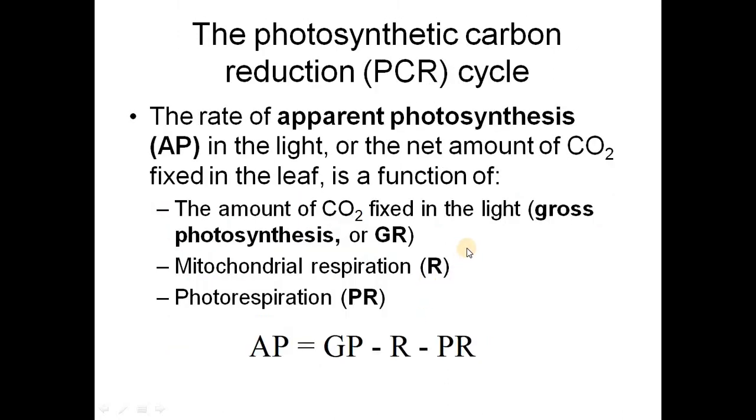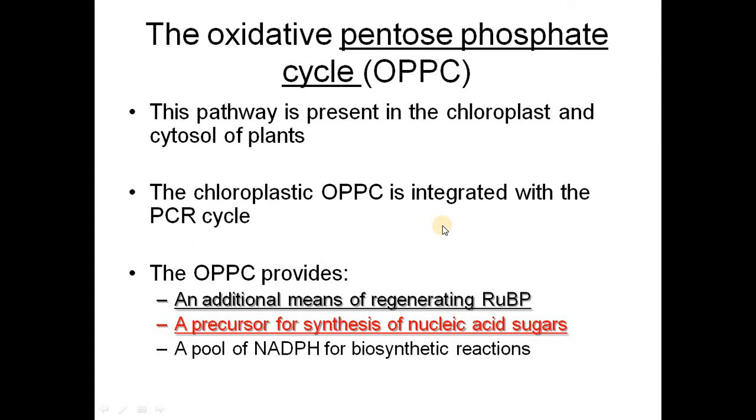So when we are about to calculate the overall apparent photosynthesis, we need to subtract the respiration from the mitochondria and also subtract the photorespiration from the gross photosynthesis.